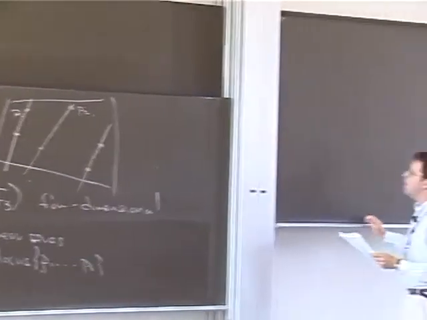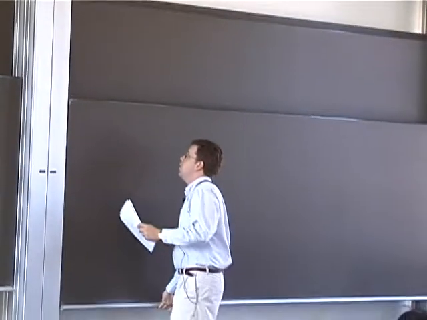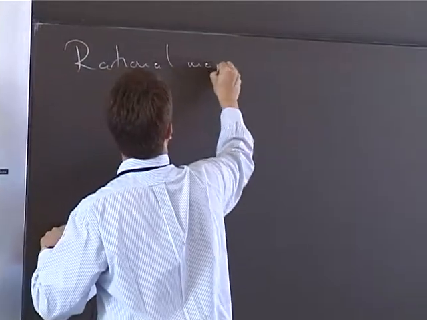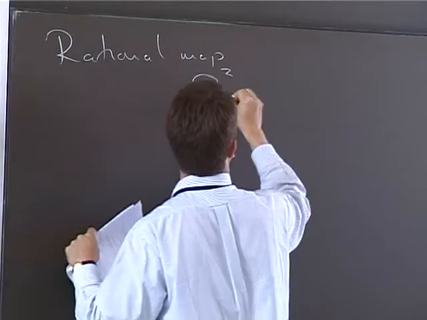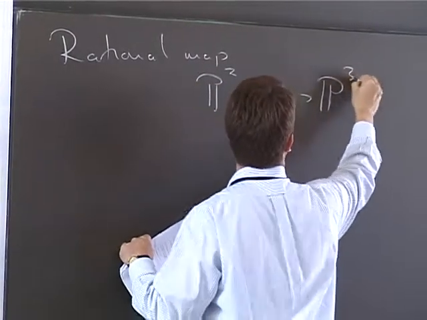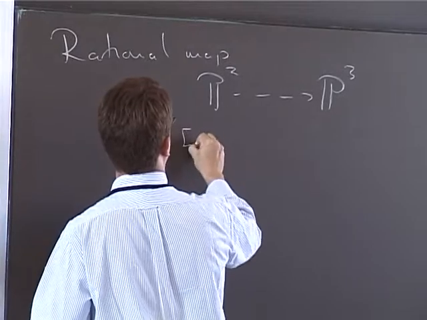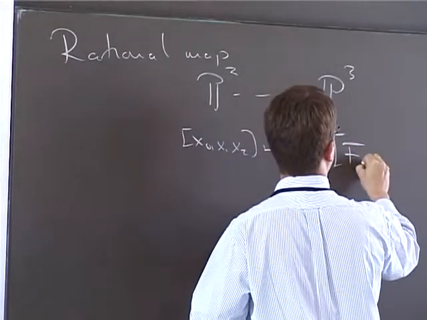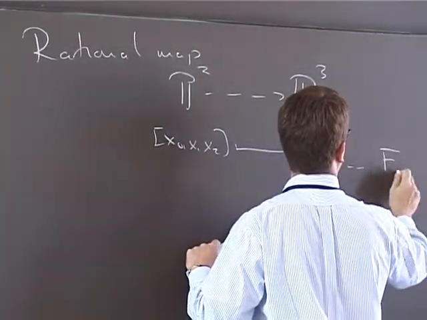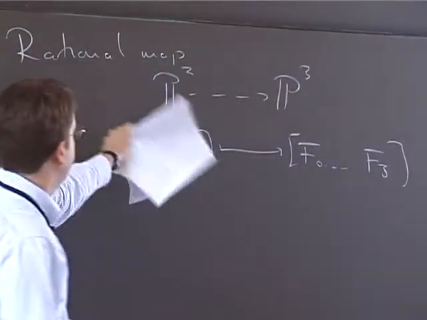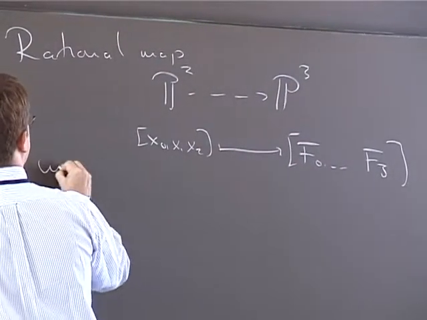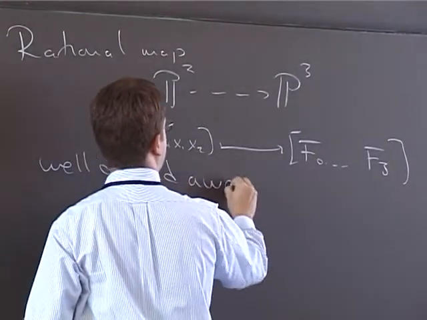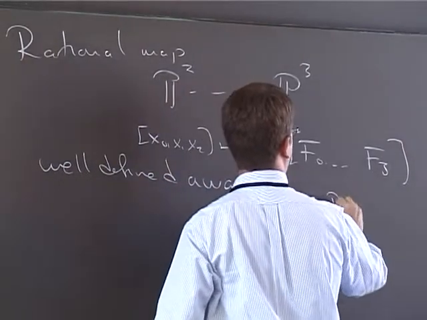So what I'd like to talk about is we get a rational map from P2 into P3, taking a point to the value of these forms, which is well defined away from our points, P1 through P6.